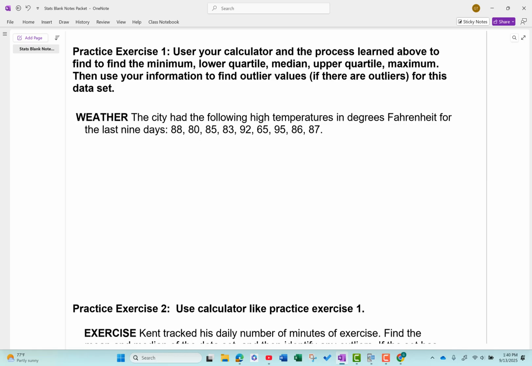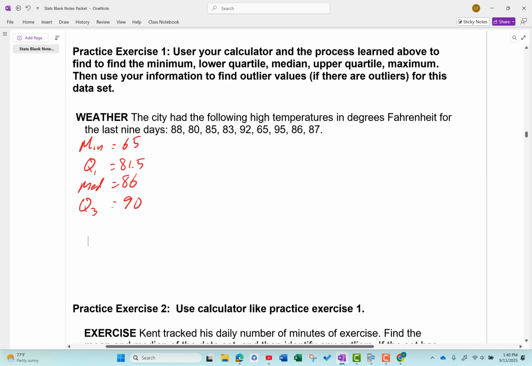All right, so I went ahead and did this already. So I got my min is 65. My Q1 is 81.5. Okay, my median is 86. My Q3 is 90. And my max is 95.